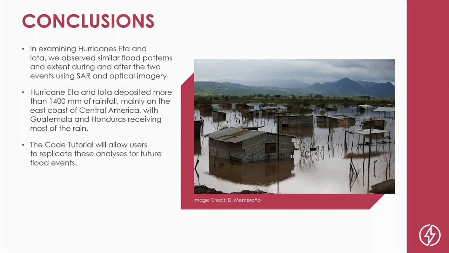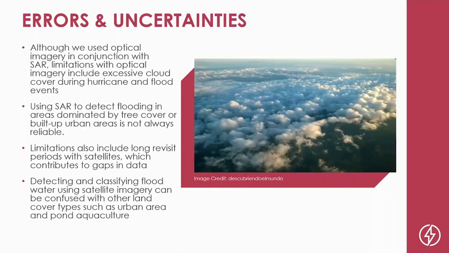We also saw that Hurricanes Eta and Iota deposited more than 1,400 millimeters of rainfall, mainly on the east coast of Central America, with Guatemala and Honduras receiving the most rain, and again, helping us identify where to look at flood extent following these two hurricane events in Central America. And we also generated a tutorial allowing users to replicate these analyses, again, for your study area of interest.